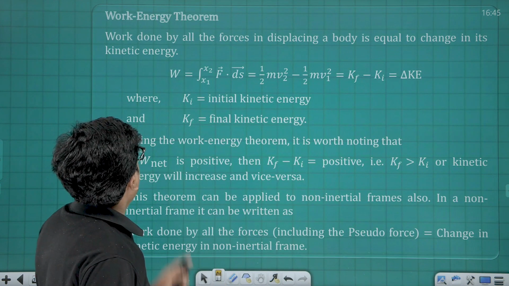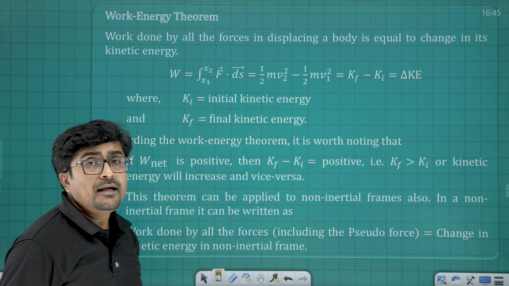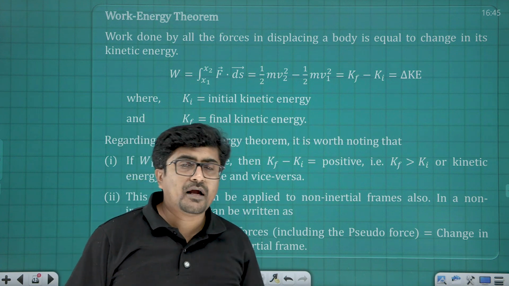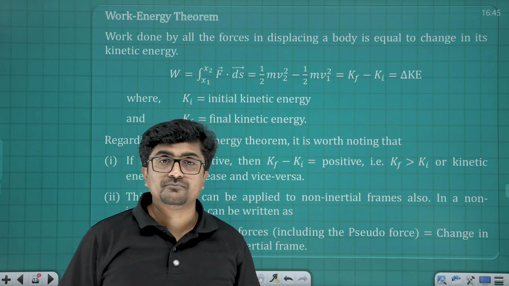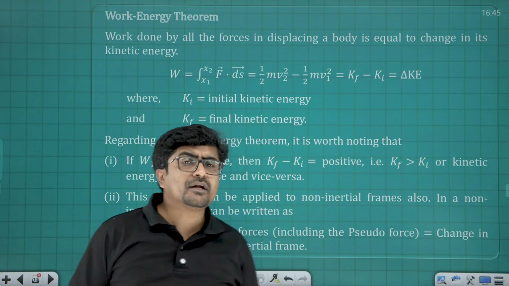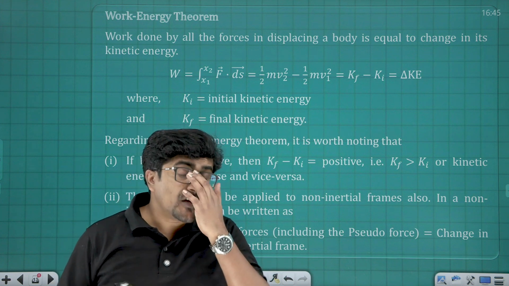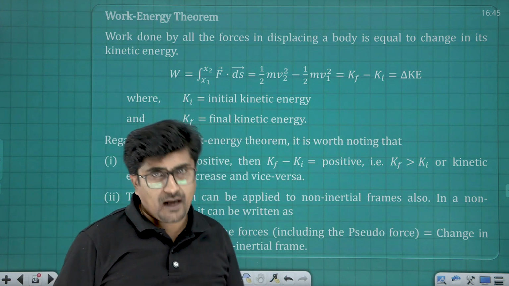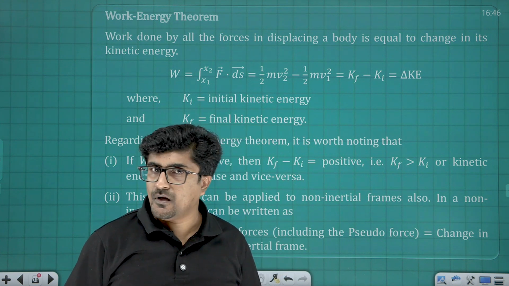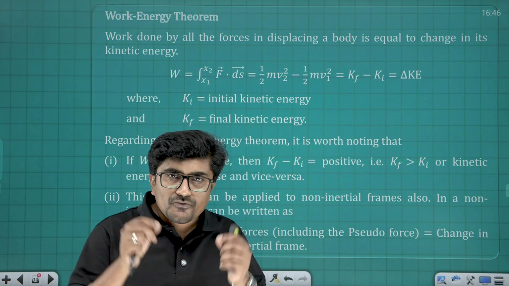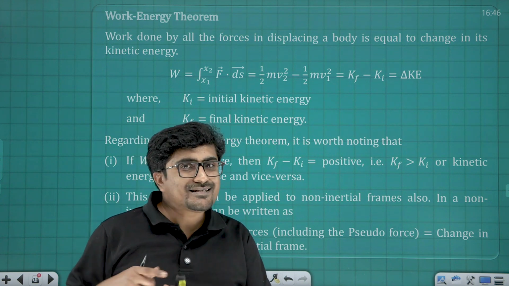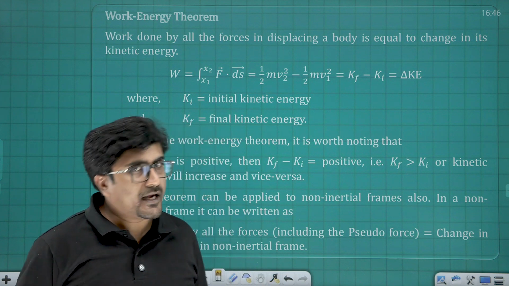All right, now let me take you to the next, that is work energy theorem. Work energy theorem says, if there are multiple forces acting on a body like F1, F2, F3, etc. Okay, let me limit up to 3 forces. So these 3 forces are acting on a body, and as a result of that, we observe a change in kinetic energy. I repeat once again, 3 forces are acting on a body, F1, F2, F3, and as a result of that, we are observing a change in kinetic energy.